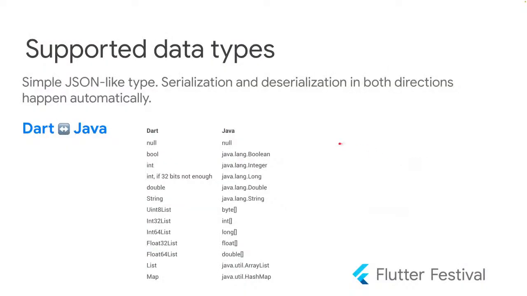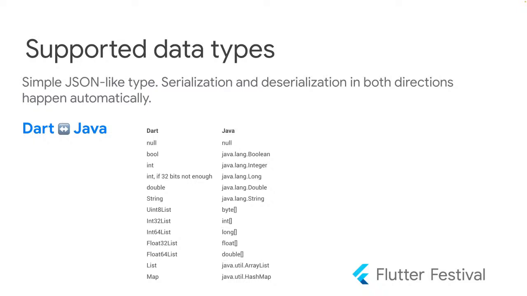All these supported data types can be found in the Flutter documentation. I'm just showing an example here, and later on I will give you the link where you can check all the available data types. Initially, we say that a simple JSON-like type is used.